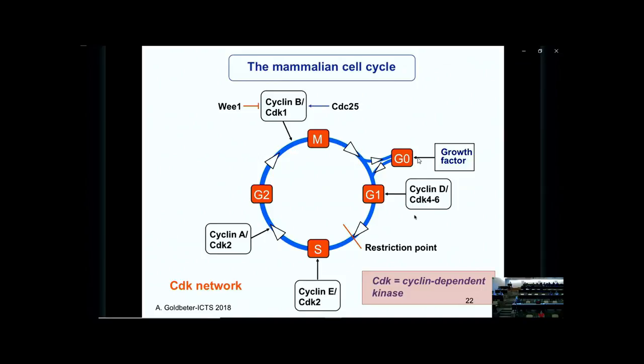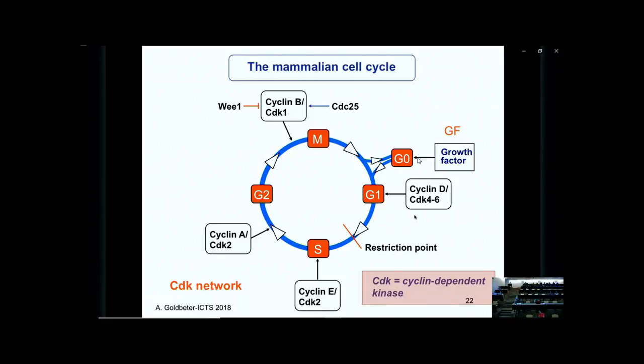So the goal now is to build a model for the network of CDKs driving the mammalian cell cycle. And this is a huge task because of the complexity of the system and the multiple modes of regulation. I will show that a key role is played here by the level of growth factor, because this is what we will consider as bifurcation parameter, or control parameter, if you prefer.